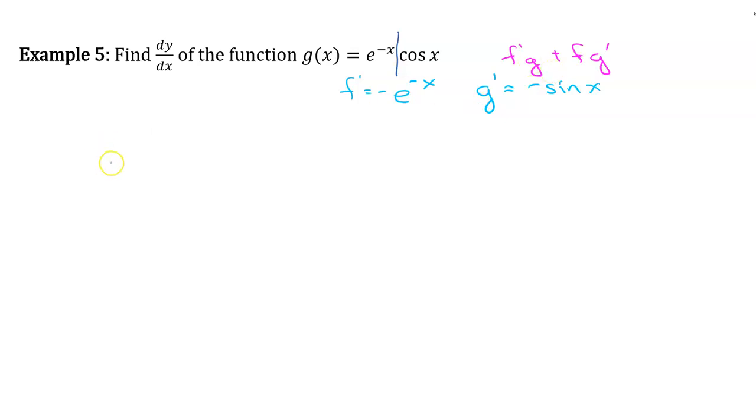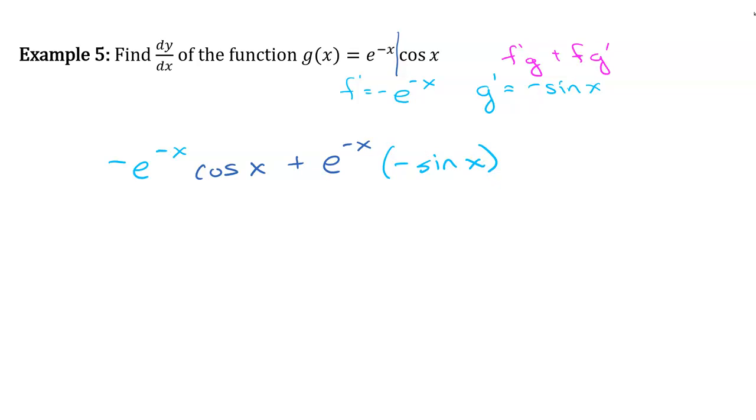So we have f prime times g plus f g prime. Okay, and simplify as much as we can, which isn't much.